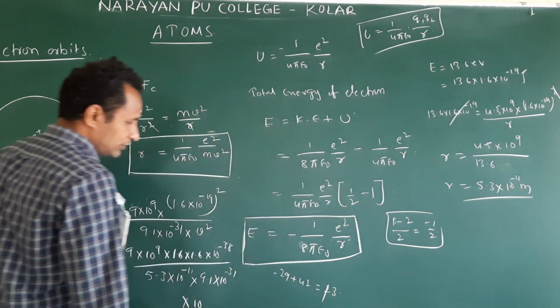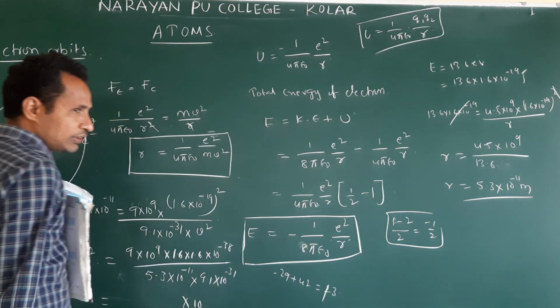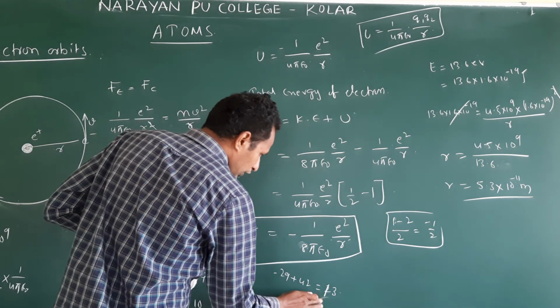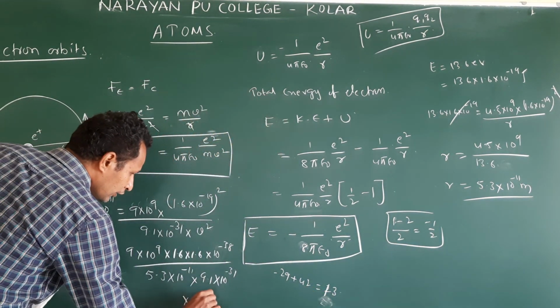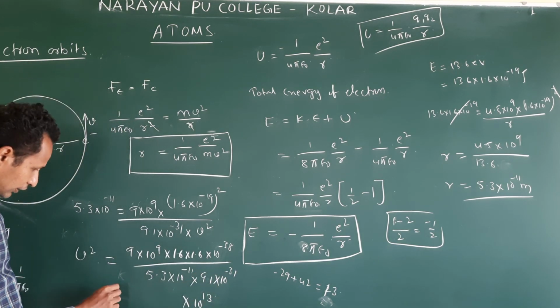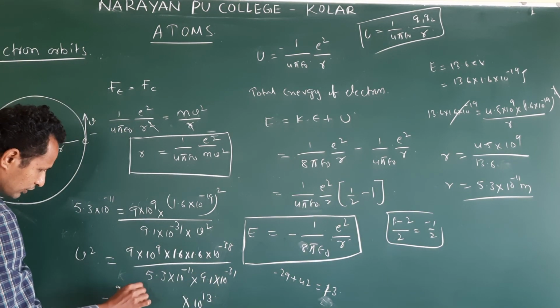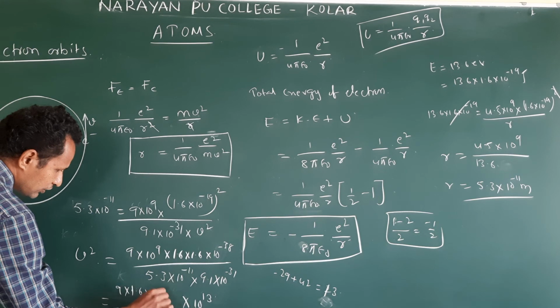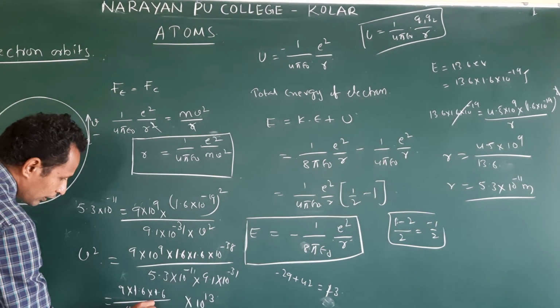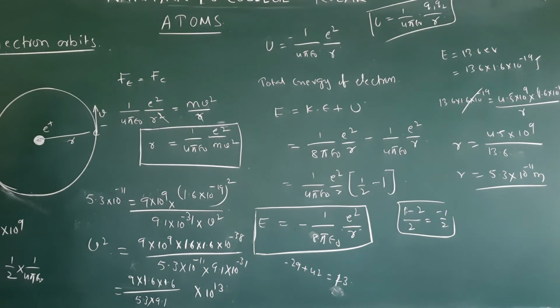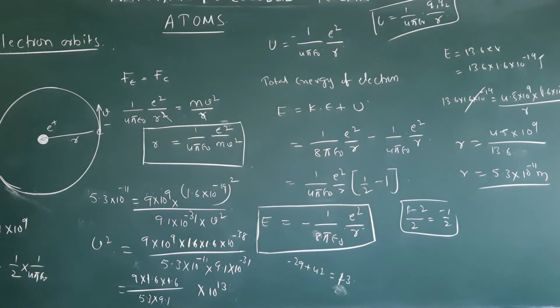It is 13. If you add 29 to the 13, what do you get? 42. Yes. So 10 power 13. Remaining all are what? 9 into 1.6 into 1.6 by 5.3 into 9.1. Clear? Understand?